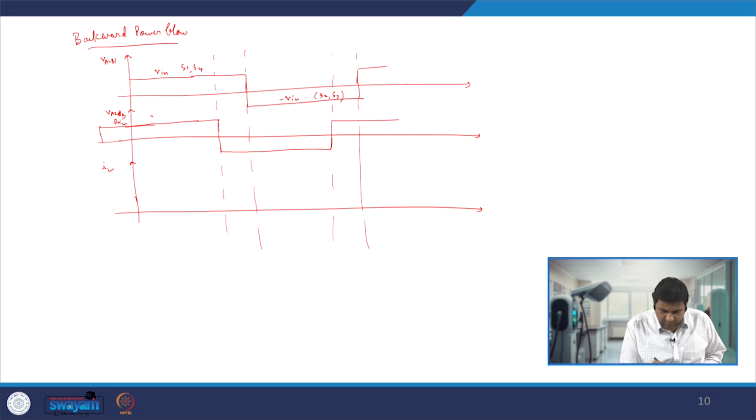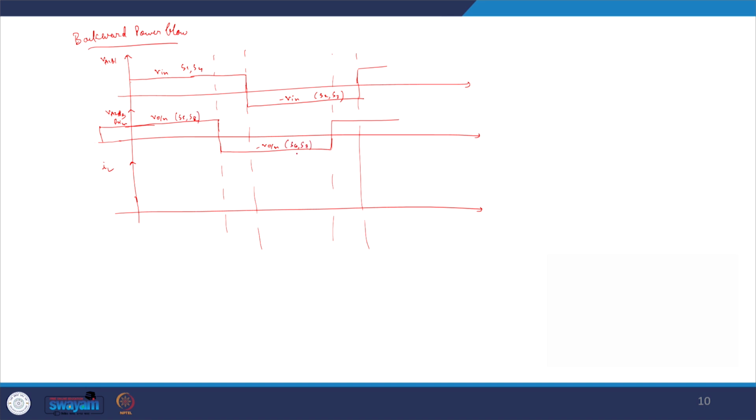So here I am now applying V naught by n, and here minus V naught by n, and here my S5 and S8 are on, and here my S6 and S7 are on. And if you look very carefully, similarly we can define this period as 1 minus delta star Ts by 2, and this period as delta star Ts by 2.